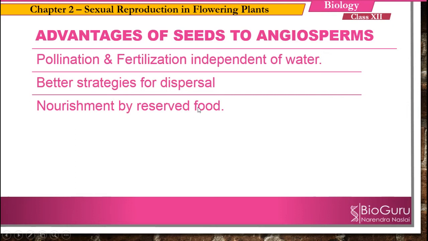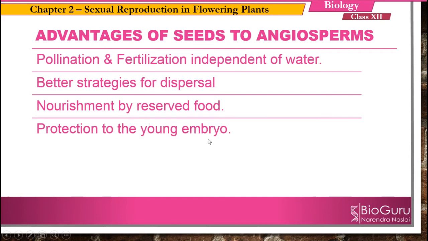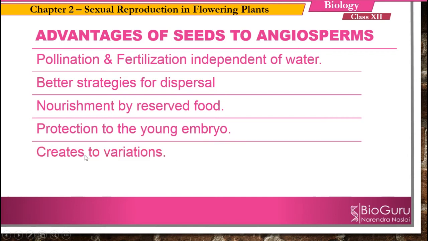Nourishment by reserve food: young seedlings are nourished by reserve food until they are capable of photosynthesis on their own. Protection to the young embryo: the hard seed coat provides protection to the young embryo. It creates variation: being the products of sexual reproduction, they generate new genetic combinations leading to variations.